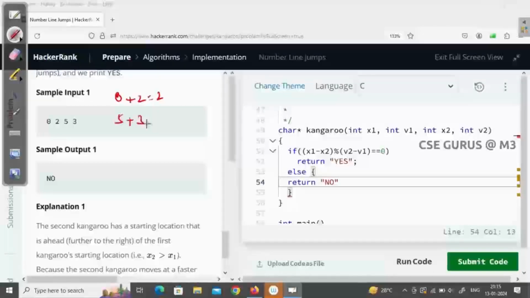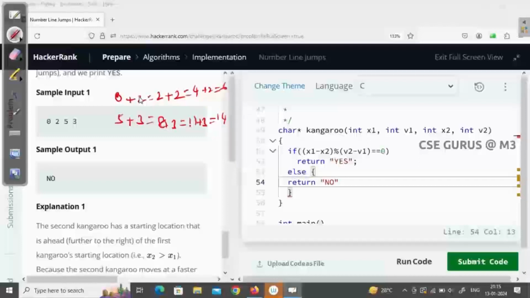The next kangaroo goes to 8. 2 and 8, they are not meeting. After the second jump, 2 plus 2, 4. Here 8 plus 3, 11. Next 4 plus 2, 6. 11 plus 3, 14. You can see they never meet because the first kangaroo is always behind, right?